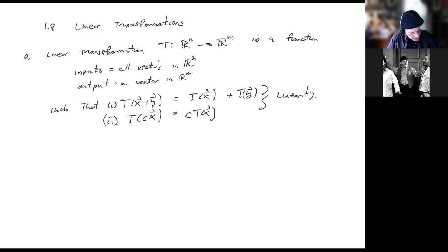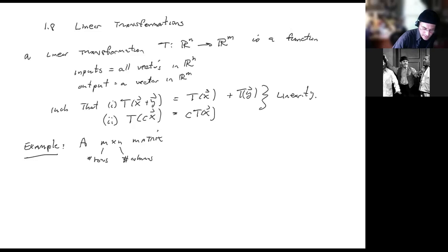So here's the main example. Let A be an M by N matrix. Remember, that means the number of rows is M, and the number of columns is N. So I claim that an M by N matrix gives you a linear transformation from Rn to Rm. And here's the definition.